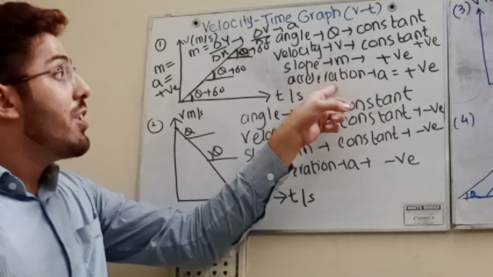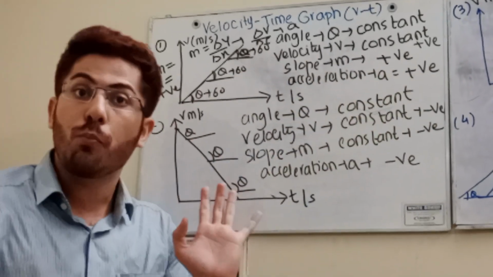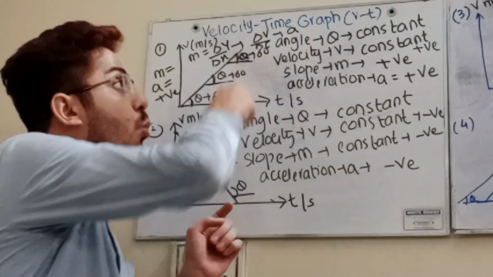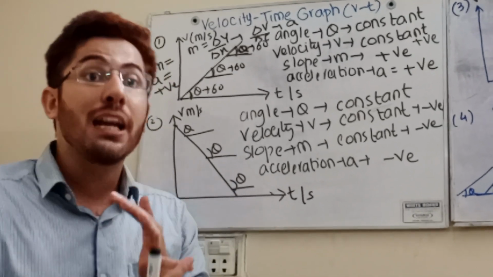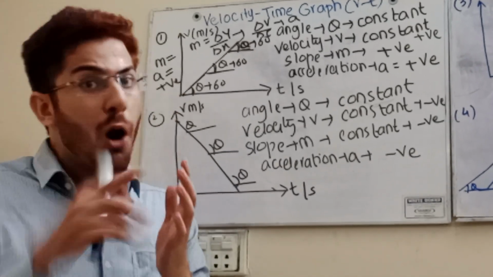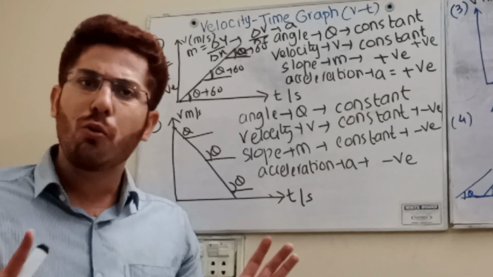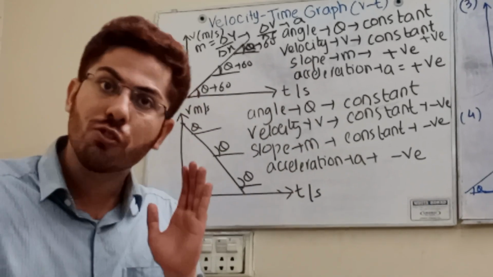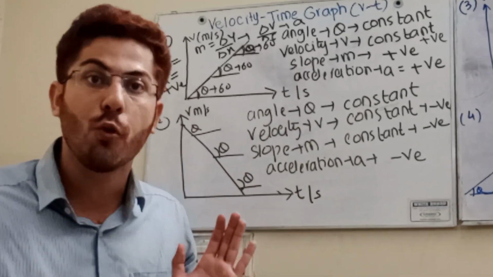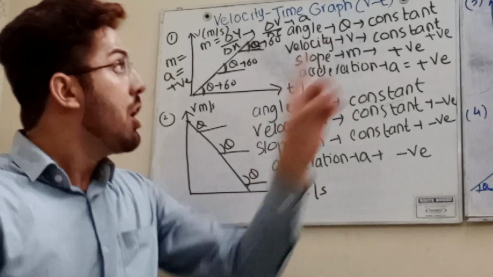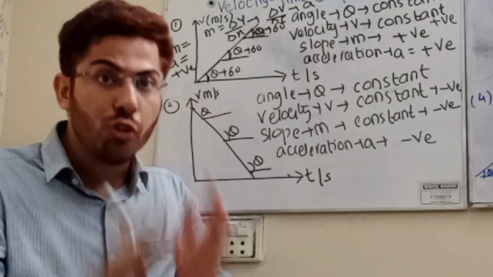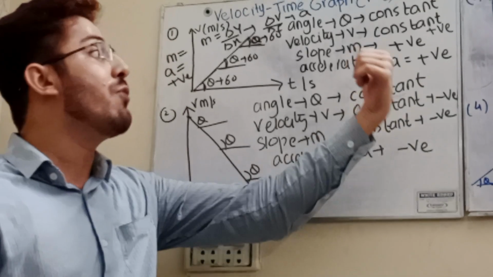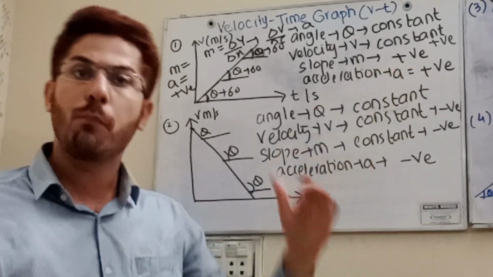Okay, so definitely you will get the acceleration positive. Student, do remember these points are important. When you see that angle is not changing, number 1, you don't need any calculation, you just need to apply this concept and get the answer in P2 and P4. Remember my words. Number 1, theta is not changing, sir. Velocity is not changing, it means it is constant. Sir, slope remains constant, acceleration will become positive.